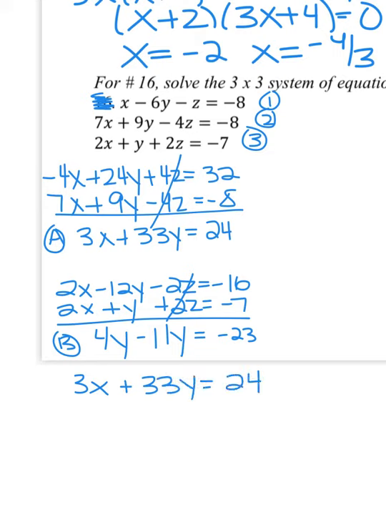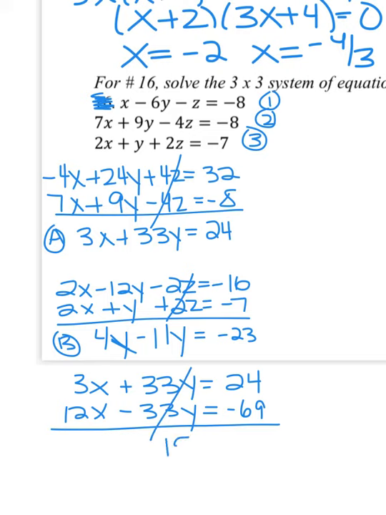And then when I multiply this bottom one by 3, this is 12x minus 33y equals -23 times 3, which is -69. I add down, these cancel. This gives me 15x equals 24 minus 69, which is -45. So x is equal to -3.